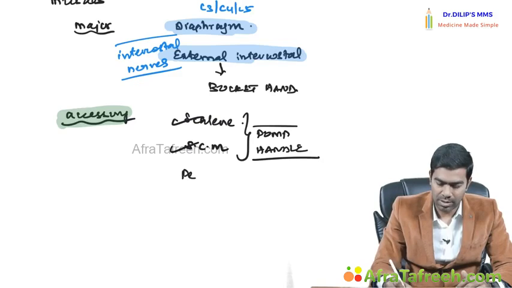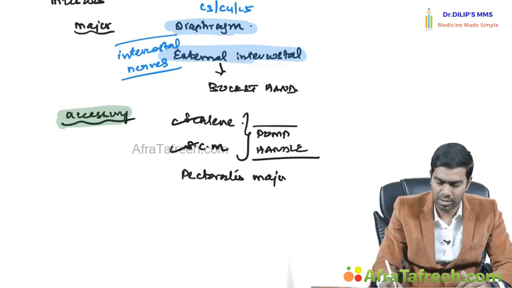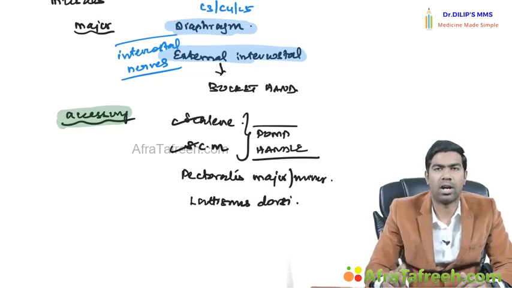Then a lot of other muscles are there, like pectoralis major and minor. You have your lat. Just as the sternocleidomastoid elevates the sternum and the scalene muscles elevate the first two ribs, the lat is going to elevate the lower ribs.